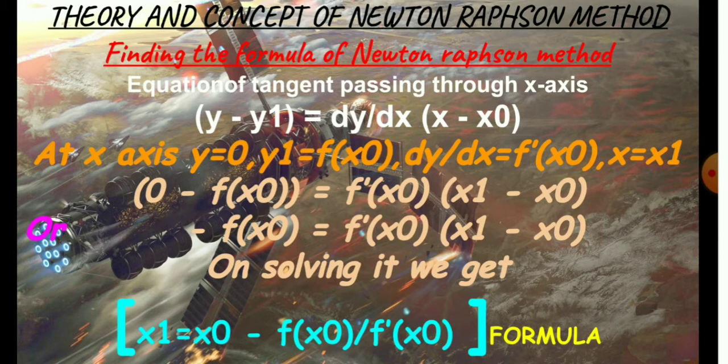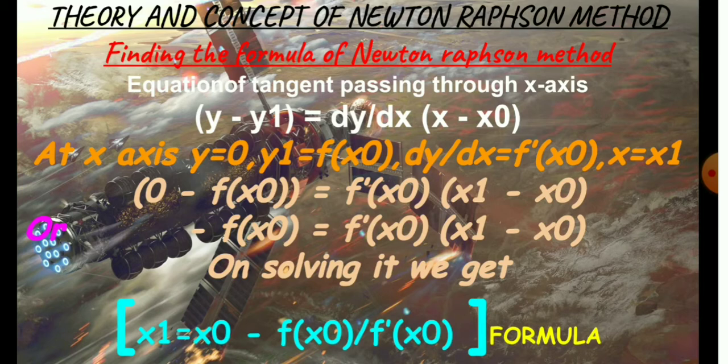It passes through one point and has slope m equals dy by dx, which we get when we differentiate the equation, for example y equals x cube plus something. Here the equation of the tangent is y minus y1 equals dy by dx times x minus x1, where dy by dx equals m, the slope of the line.